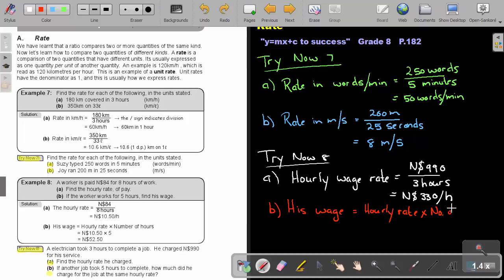And that will just be 330 times 5, and the answer will be 1,650 Namibian dollar. That's what you will get for the 5 hours.